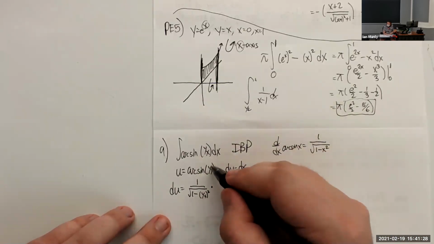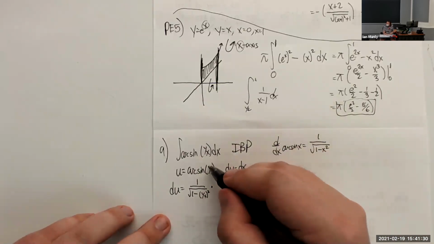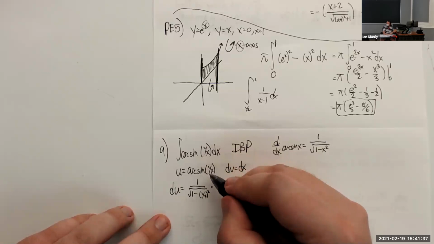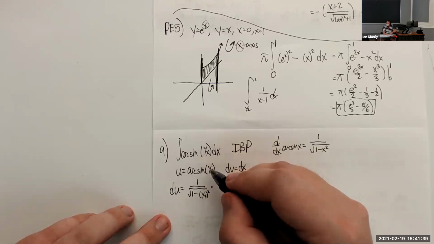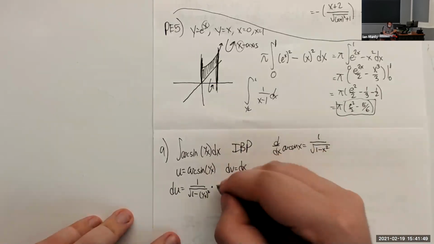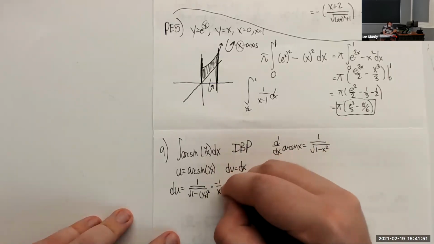Then, by the chain rule, I need to multiply by the derivative of my inside. What's the derivative of this? Oh, some people are thinking the antiderivative. Remember, the derivative, we just do the power rule. That's right. It's going to be negative 1 over x squared.